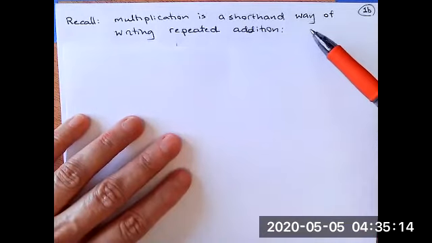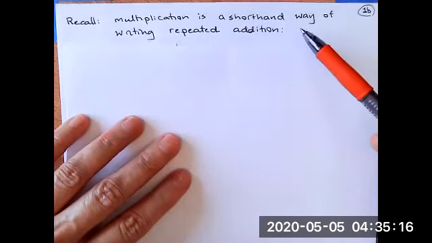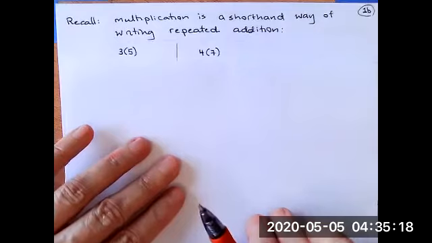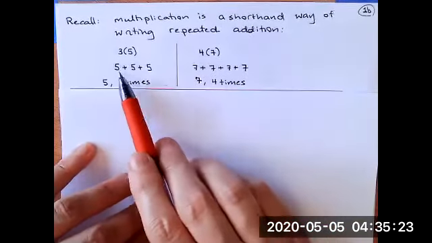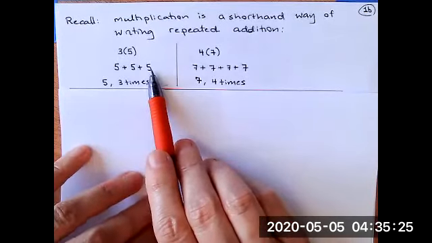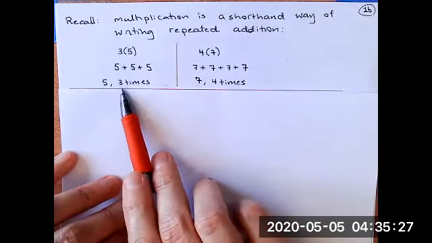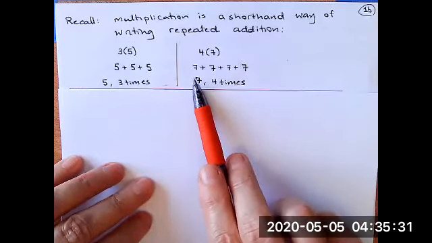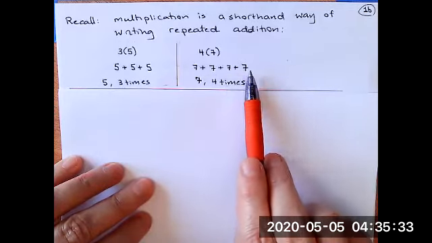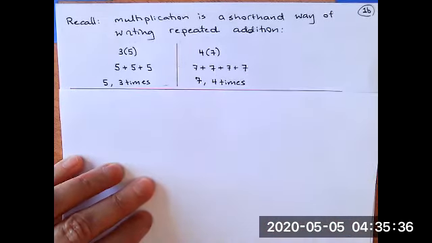Recall that multiplication is a shorthand way of writing repeated addition. So 3 times 5 is 5 plus 5 plus 5, or you could say 5 3 times. 4 times 7 is 7 4 times.